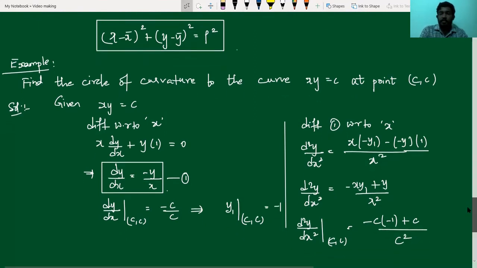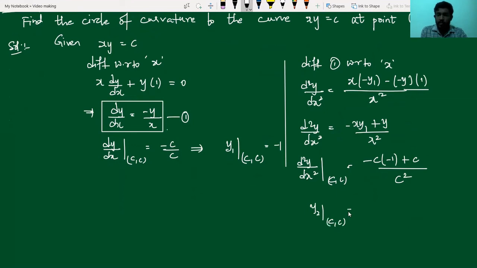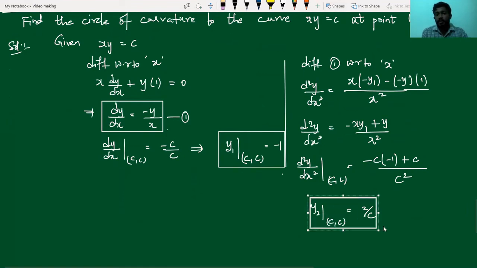Simplifying, d square y by dx square, that is y2 at the point c comma c, is equal to minus into minus is plus c, c plus c is 2c by c square, which becomes 2 by c. Now we substitute the values of y1 and y2 at the point c comma c in the formulas of x bar, y bar and rho.